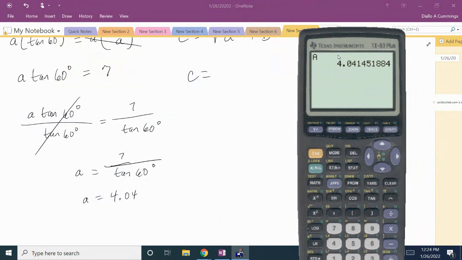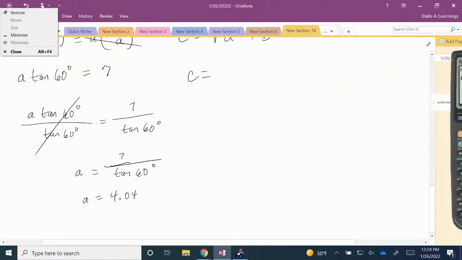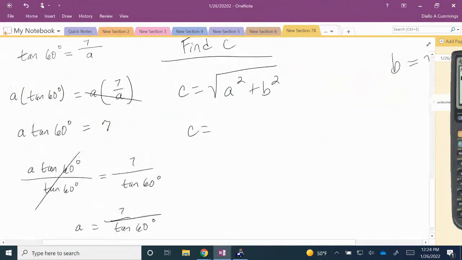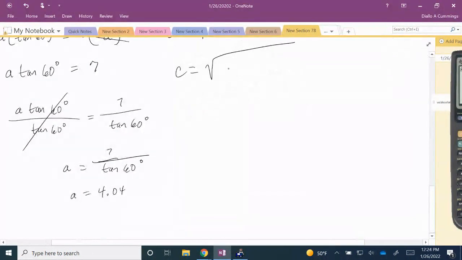So we just write this out. C is equal to the square root of A squared, where for A I'm going to use 4.04 dot dot dot. I'm not using the rounded value; I'm putting the dot, dot, dot to let you know I'm using the full value, plus B squared.